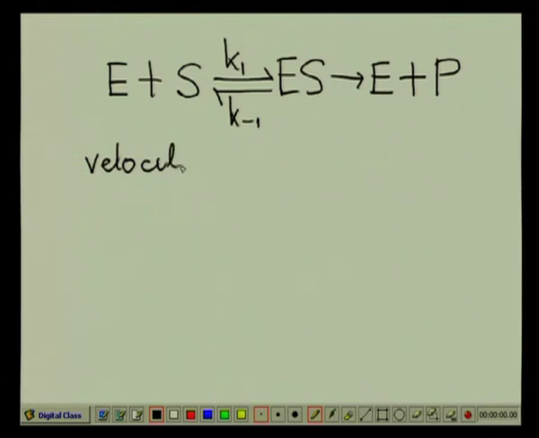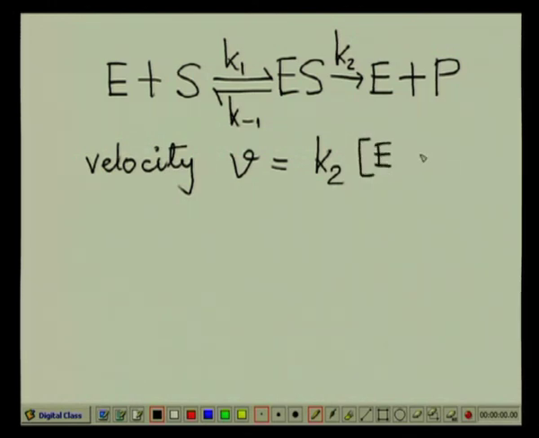What is this velocity? It is going to be V. This is going to be K2. The velocity of the reaction is going to be the rate at which the products are formed. Okay? So, it is going to be equal to K2 ES.